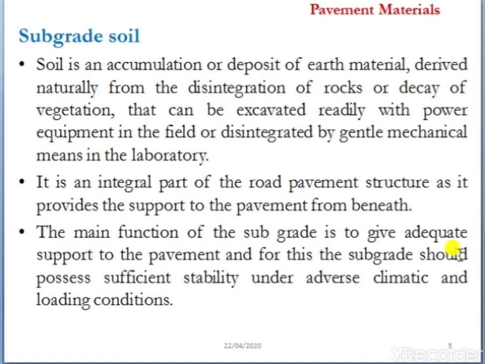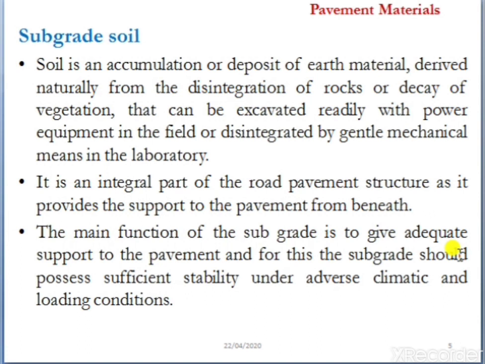We all know how the soil is deposited and how the soil is formed on the earth surface. Soil is the resultant of the decaying of a rock or decaying of vegetation.